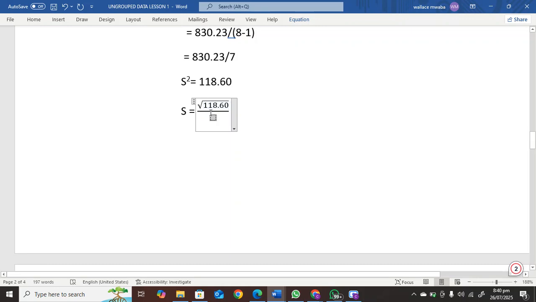So the square root of 118.66 is 10.89. This is our standard deviation.